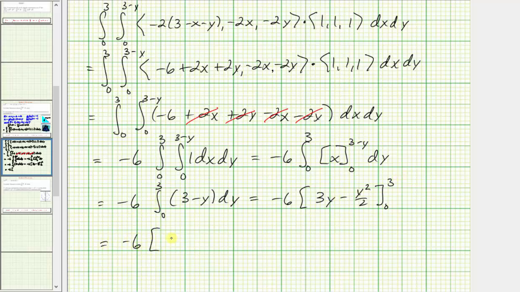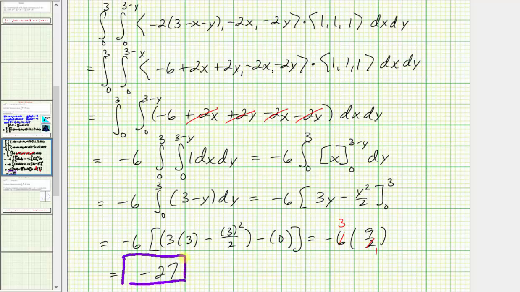So when y is 3, we have 3 times 3 minus 3 squared divided by 2. And then when y is 0, both terms are 0. So we end up getting negative 6 times, this is 9 minus 9 halves, which is positive 9 halves. Here we simplify, there's 2 and 2, and 3 twos in 6. So the exact value is negative 27.